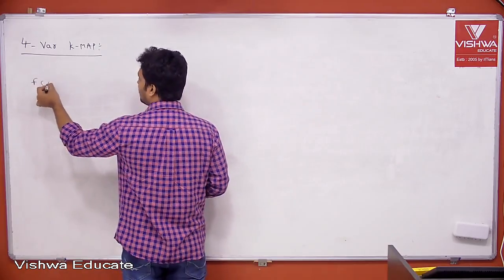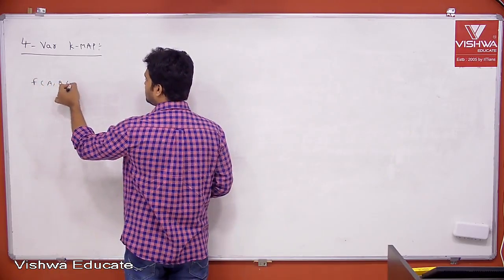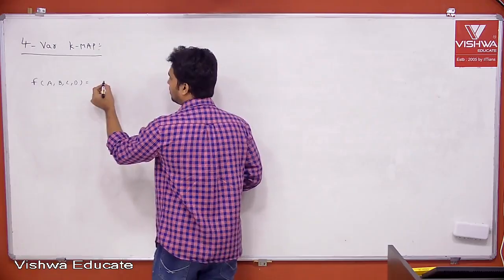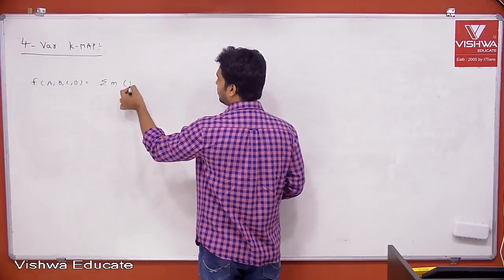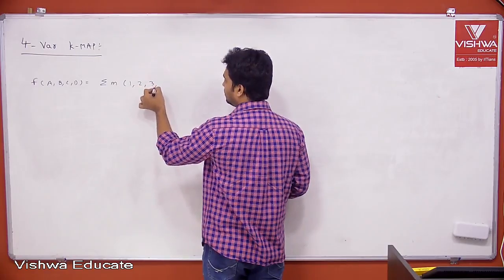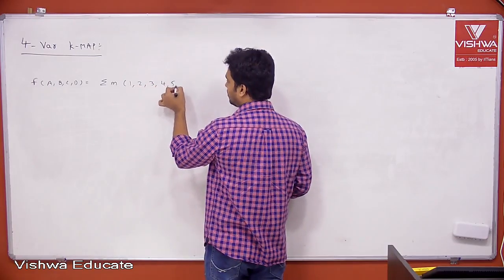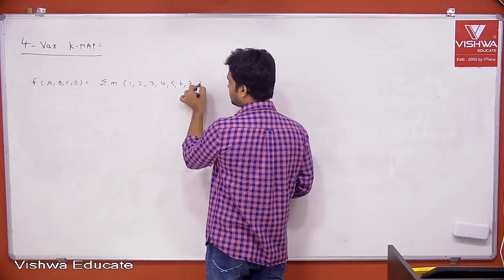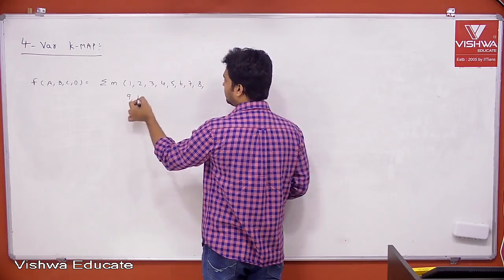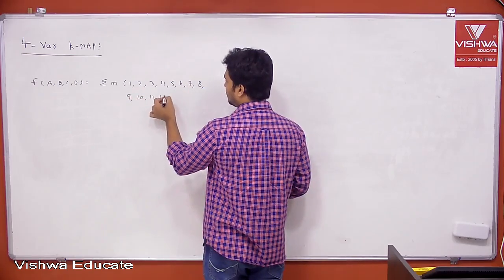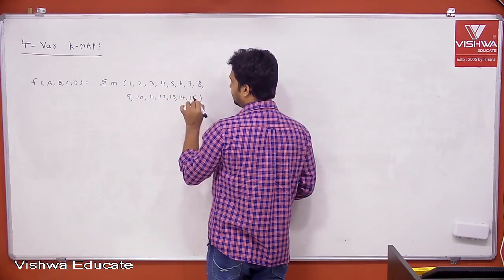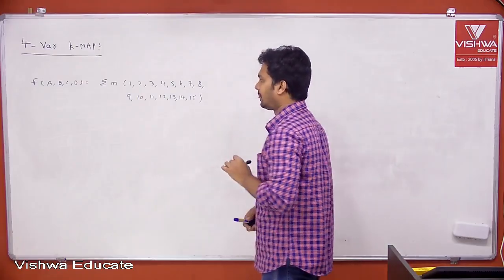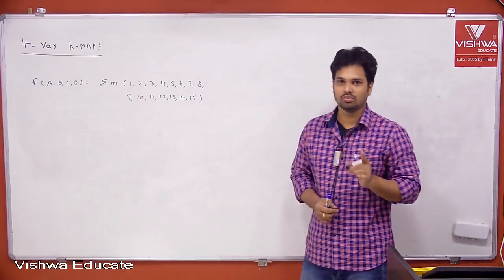Minimize the function f of ABCD equal to the sum of the minterms, that is sigma m of 1, 2, 3, 4, 5, 6, 7, 8, 9, 10, 11, 12, 13, 14, 15. Okay, from 1 up to 15.